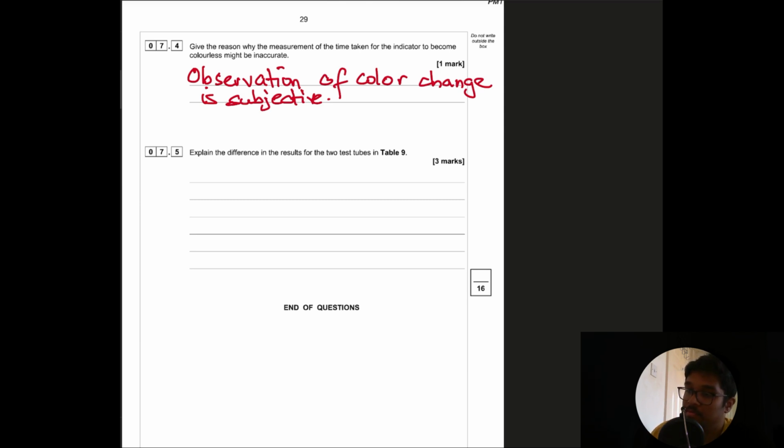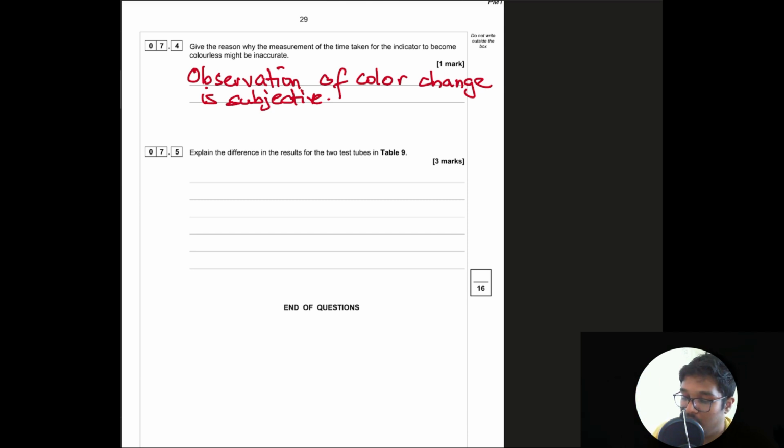For example, people may think this bottle of deodorant is grey-green, but I might think that it's got a bit of white in it. So it's a bit subjective.